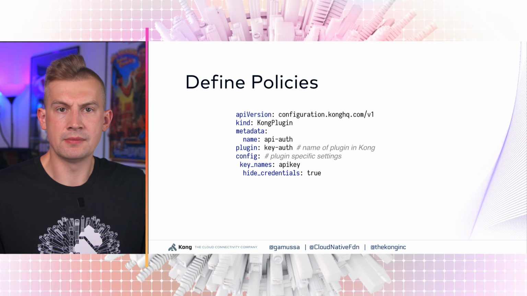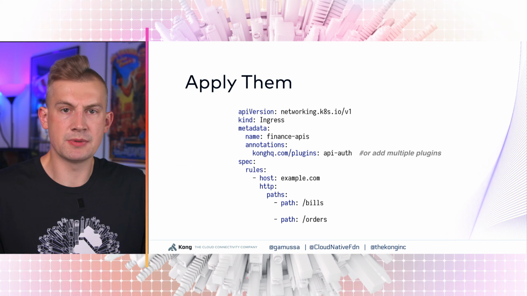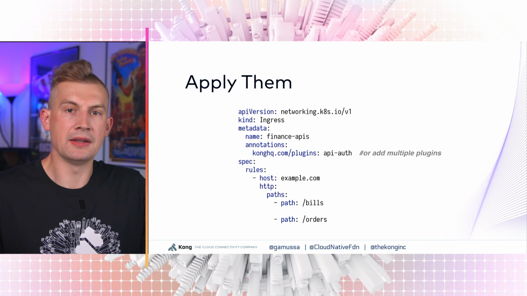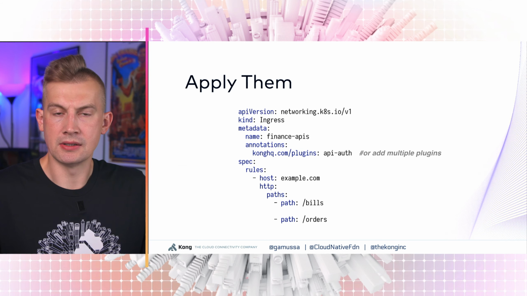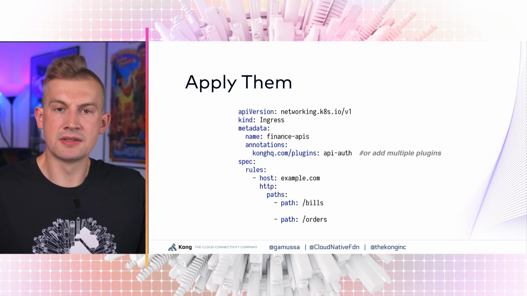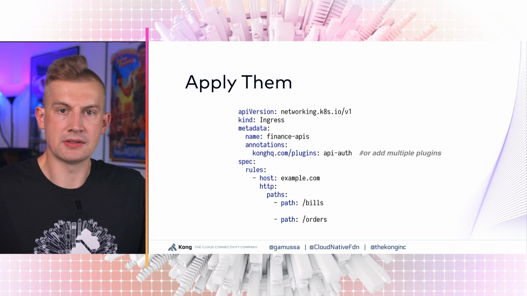When we're going back here, the name of this plugin is API auth. And with this reference, we just specify this in this ingress. So meaning that the Kong will apply this plugin in this particular route. So when we're hitting bills, we will be able to access this and do some of the plugin stuff here.